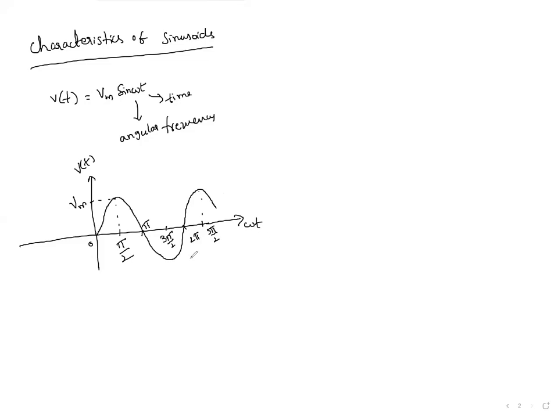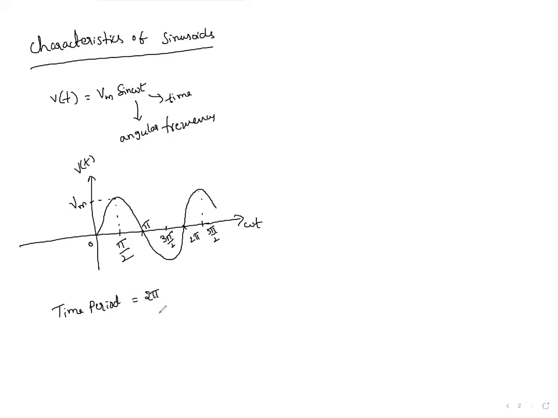Correct? Since the function is repeating after every 2 pi radians, here radians, omega t we are writing. So after every 2 pi radians, the function is repeating. The time period of this function is equal to 2 pi.